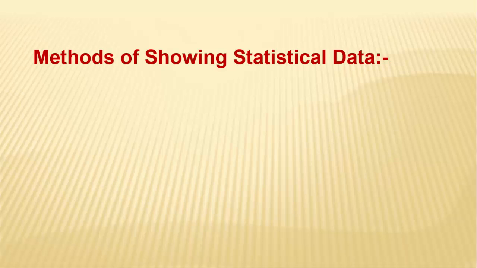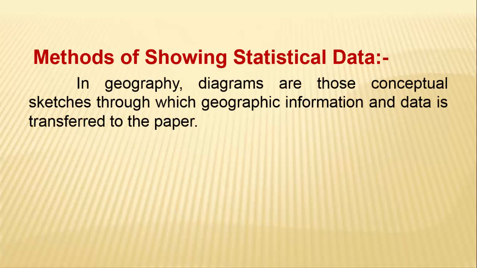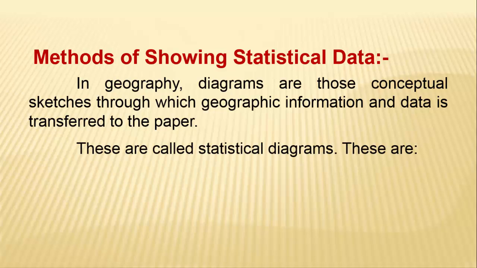So we must do something to arrange it in a systematic way so that we can understand it better. We can say that in geography, diagrams are those conceptual sketches through which geographic information and data is transferred to paper. These are called statistical diagrams.